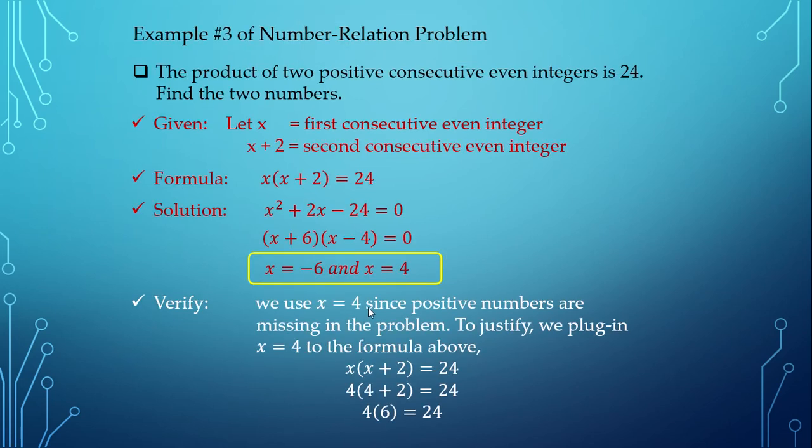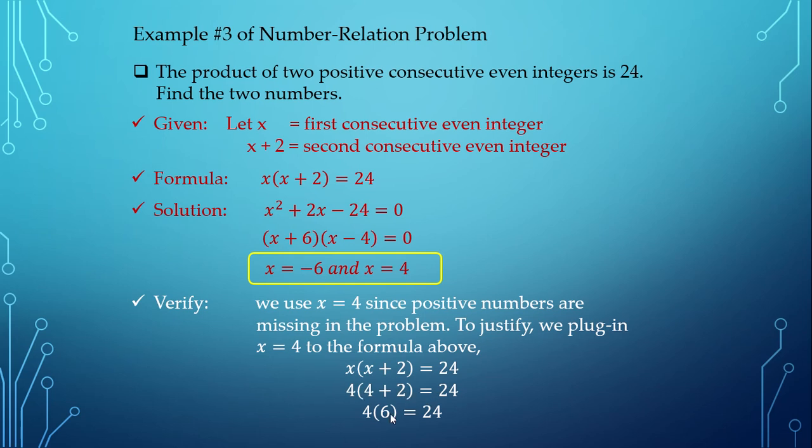Okay, part of the correction again. We use positive 4 as the value of x since positive numbers are missing in the problem. So to justify, we plug in x is positive 4 into the formula above. The formula was x times x plus 2 equal to 24. So we replace both x with 4. When x is 4, we replace it, then the x in the parentheses is also replaced with 4, plus 2, equal to 24.